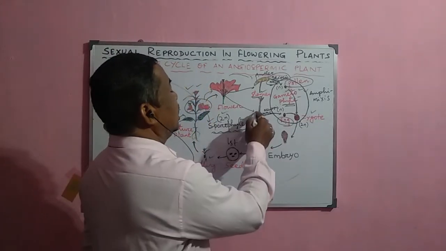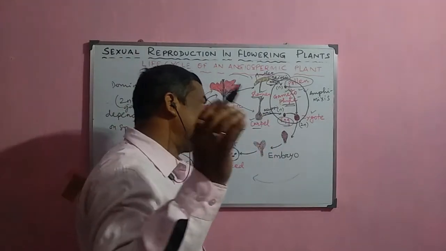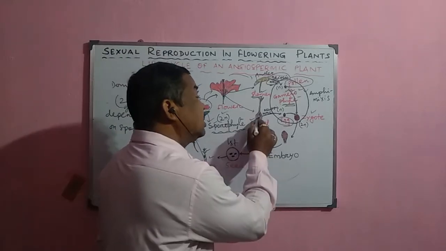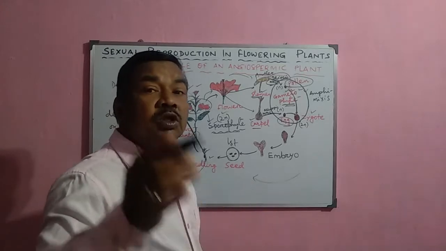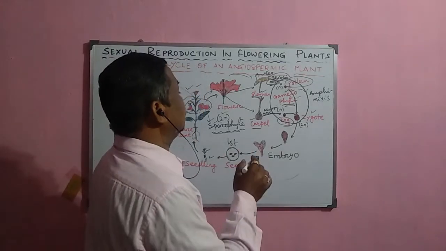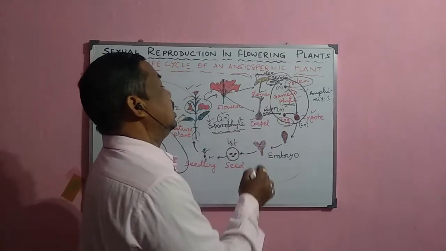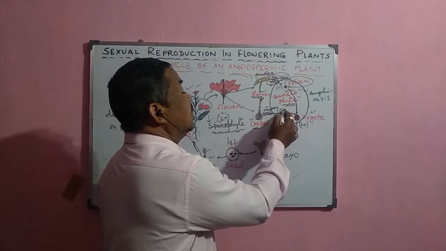Now this is the carpel. Inside the carpel the ovule is there, inside the ovule the embryo sac is there, and inside the embryo sac the egg cell is there. This egg cell develops from the megaspore, and the megaspore develops from the megaspore mother cell, which undergoes meiosis.